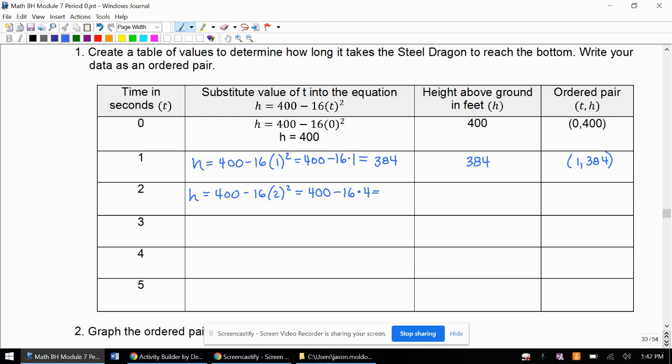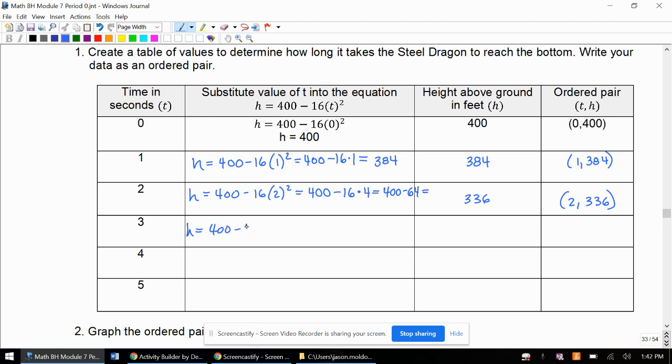It's 2 squared. Technically, you really should have parentheses around this, and then multiply by 16, and then deduct that from the 400. So 400 minus 64 leaves us with 336. 2 comma 336.